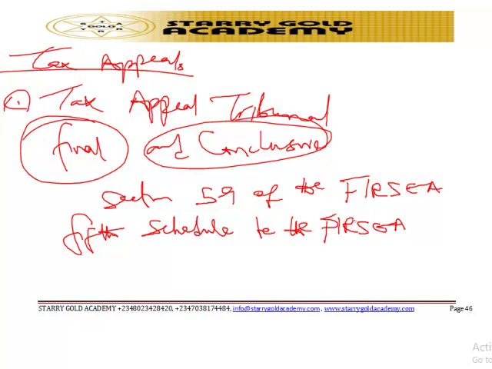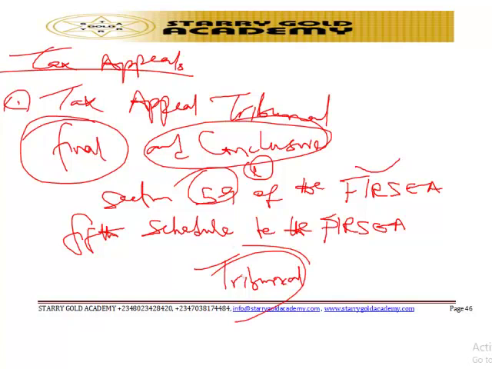So according to this fifth schedule, pursuant to section 59 subsection 1 of this act, that is the Federal Inland Revenue Service Establishment Act, there shall be established a tax appeal tribunal, hereinafter referred to as the Tribunal.